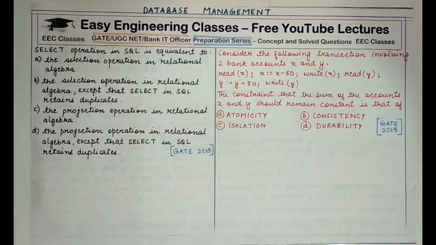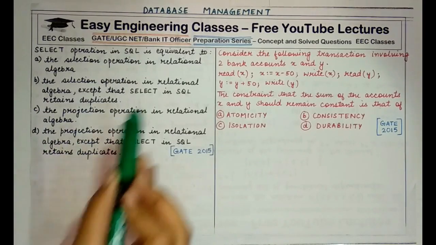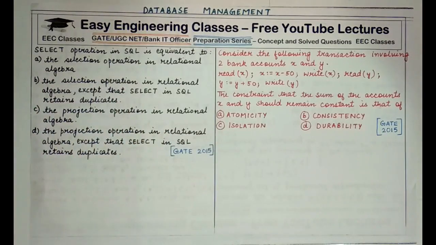Okay. So when comparing SQL select and project operation of the relational algebra, what do we actually find? That the select operation in SQL is actually equivalent to the projection operator in relational algebra. But there is a significant difference between the two.